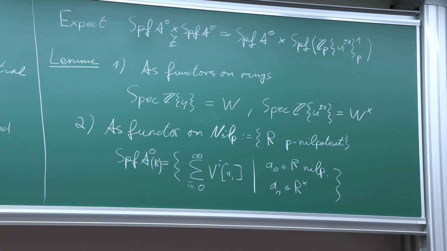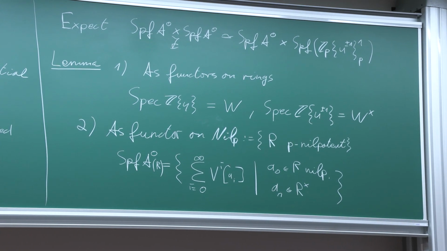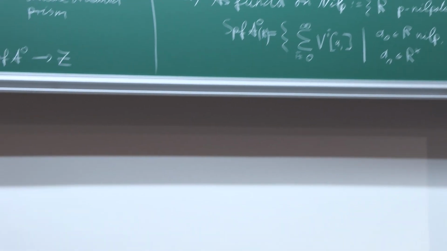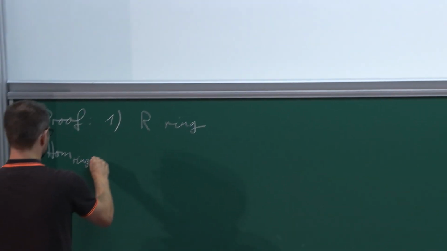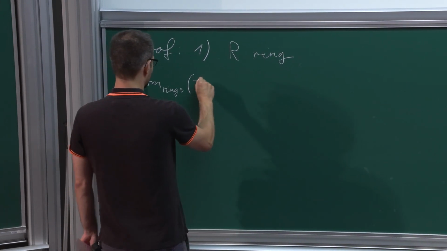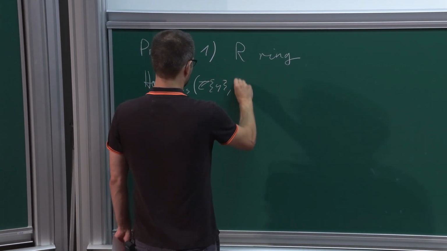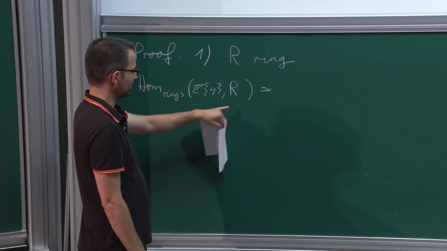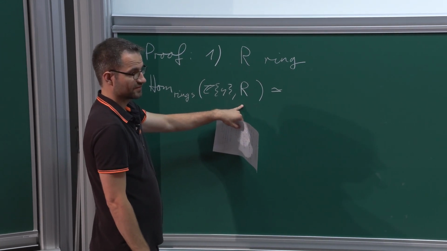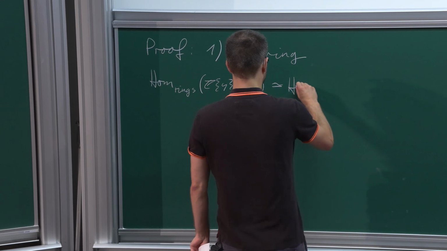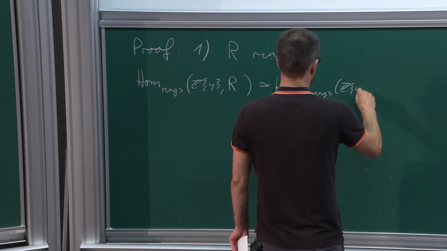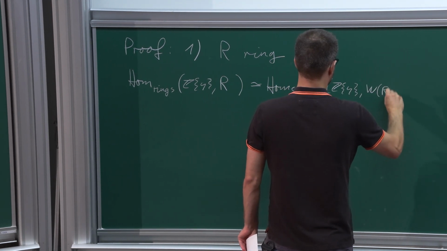And so, let me prove this. So, let R be any ring. And then, what we have to analyze in the first claim is the set of ring homomorphisms from the free delta ring to R. But by the adjunction that I mentioned, that the forgetful functor from delta rings to rings has a right adjoint, this identifies with homomorphisms of delta rings from the free delta ring to the Witt vectors.